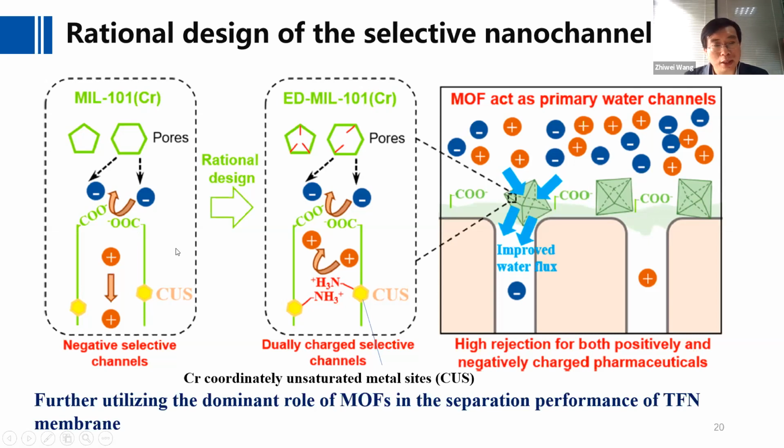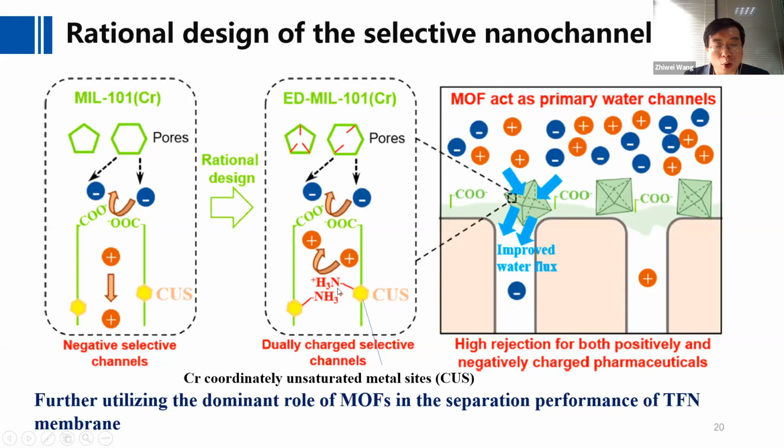So we are thinking about how to further modify the nanochannels to increase the rejection of the positively charged pharmaceuticals. As we all know, if it's negatively charged, the rejection of positively charged pharmaceuticals will be decreased. Then we want to modify the nanochannels on the chromium coordinated unsaturated metal sites here.